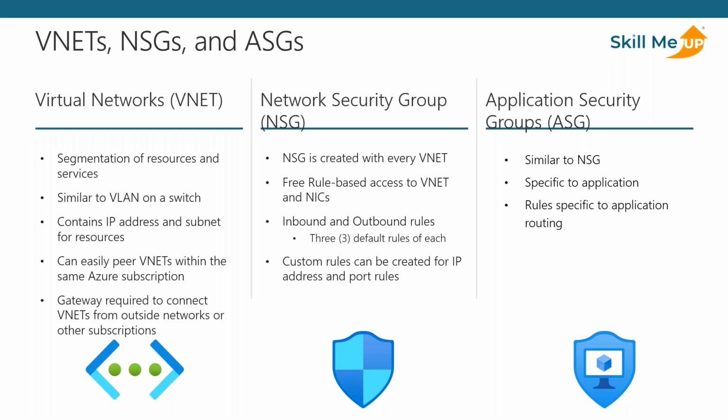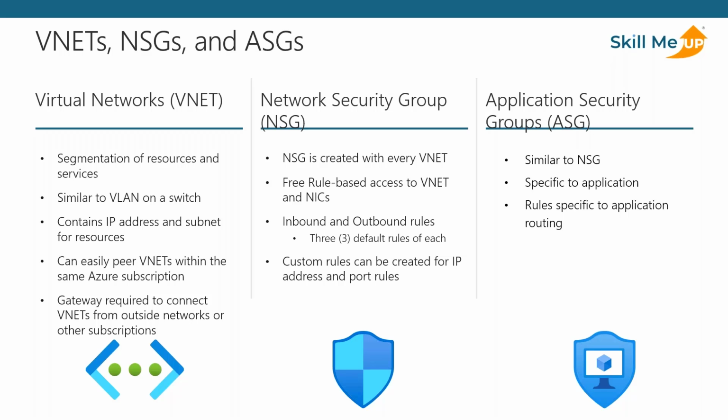But what you want to do is have your different workloads and different services on their own VNet, and therefore you can create layers of protection and avoid the attack surface for a bad actor to be able to access that environment.